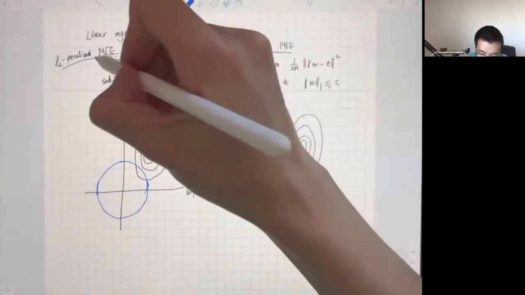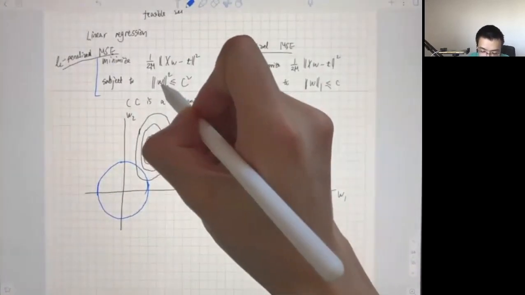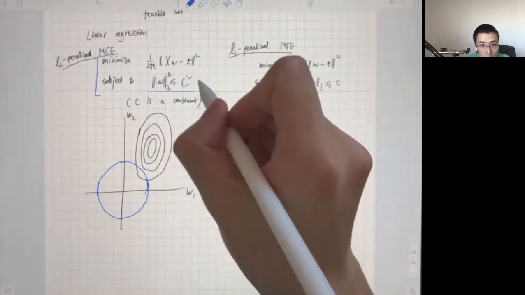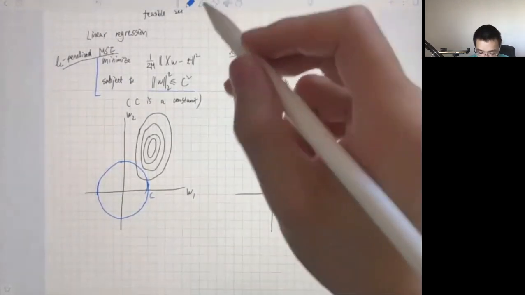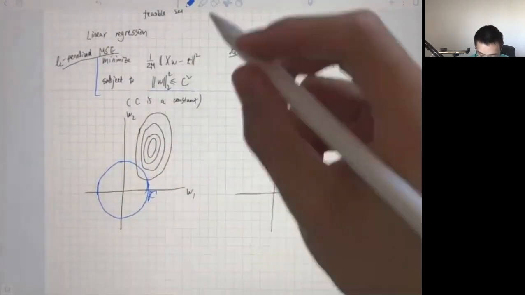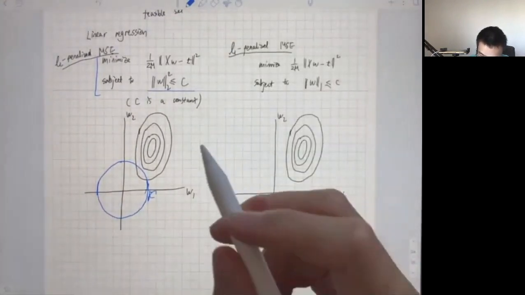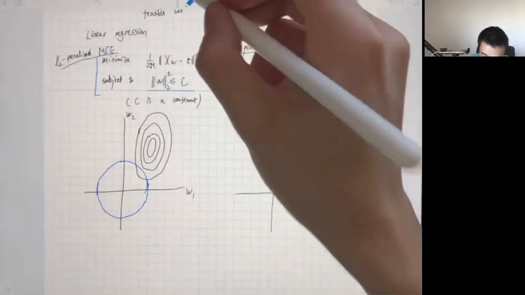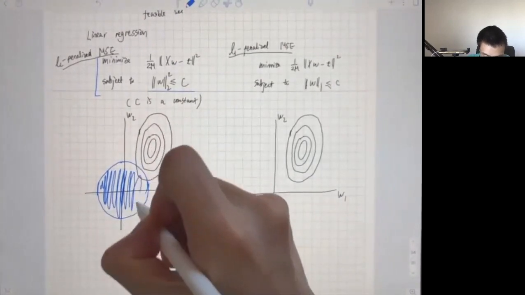And now this optimization problem becomes a constrained optimization, say, I'm asking my weights to be within my feasible set, which means the length of the norm is less than or equal to C, or square root of C, it doesn't matter. For some constant. Then I'm saying all the points here are my feasible set, okay?